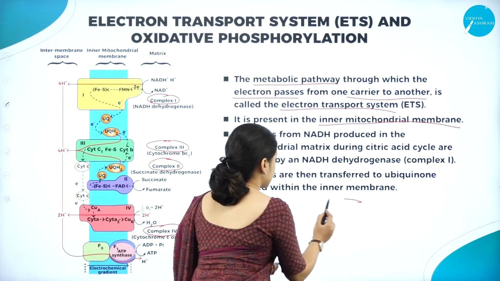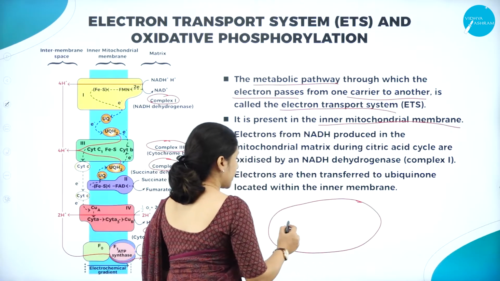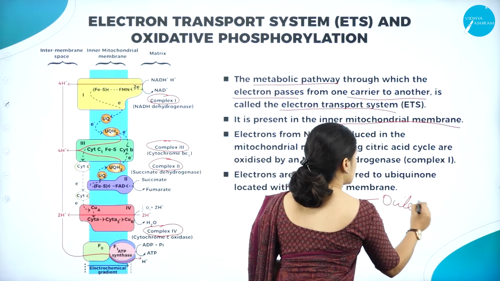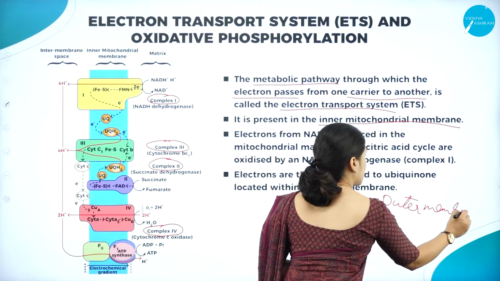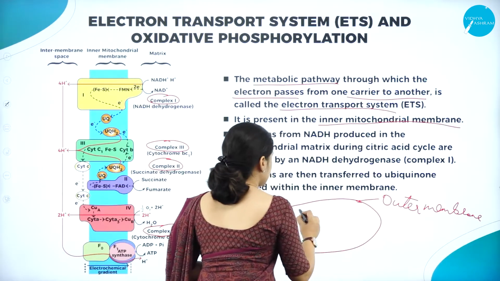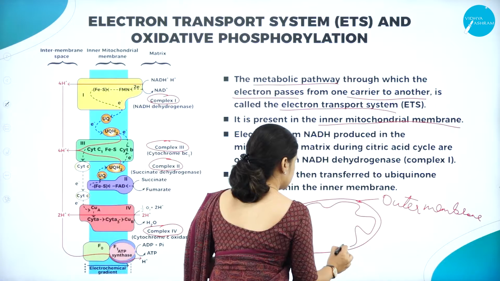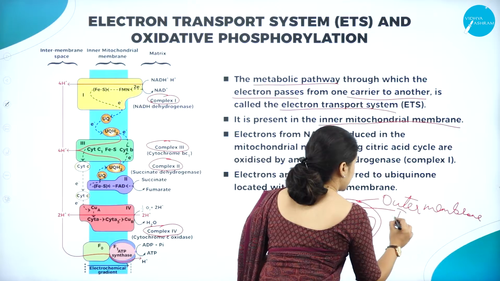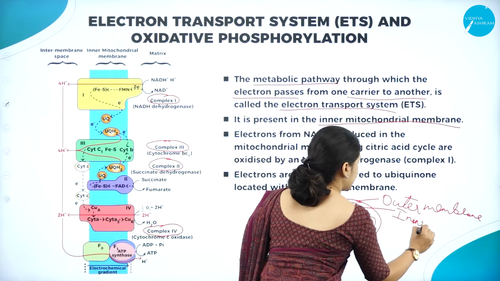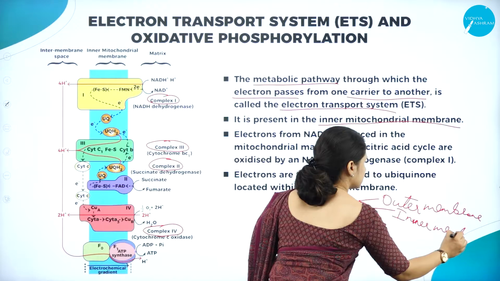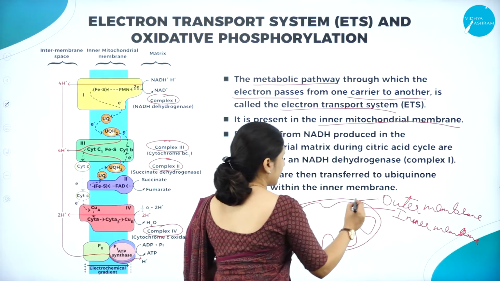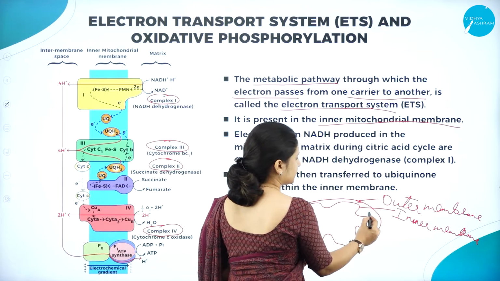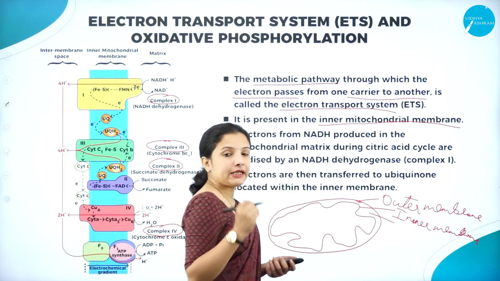For your easy understanding, if you just draw the diagram of a mitochondria, we can find the outer mitochondrial membrane, then inner to it the inner mitochondrial membrane, and in between them a space.